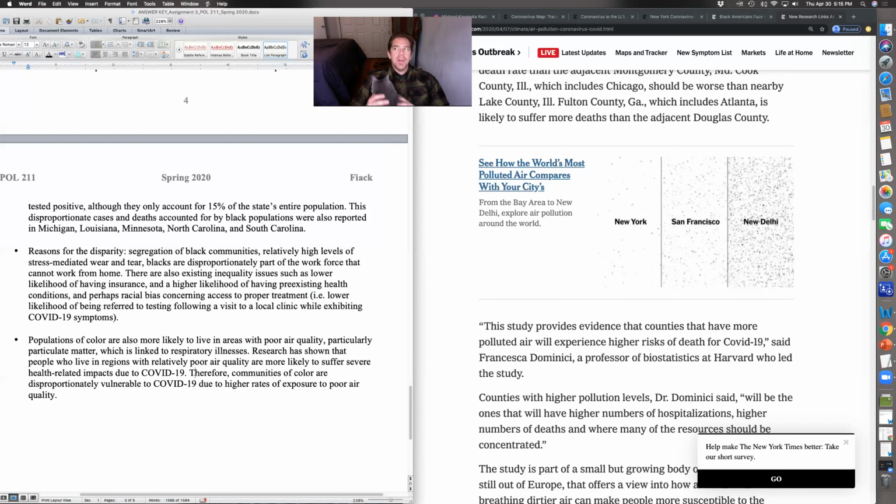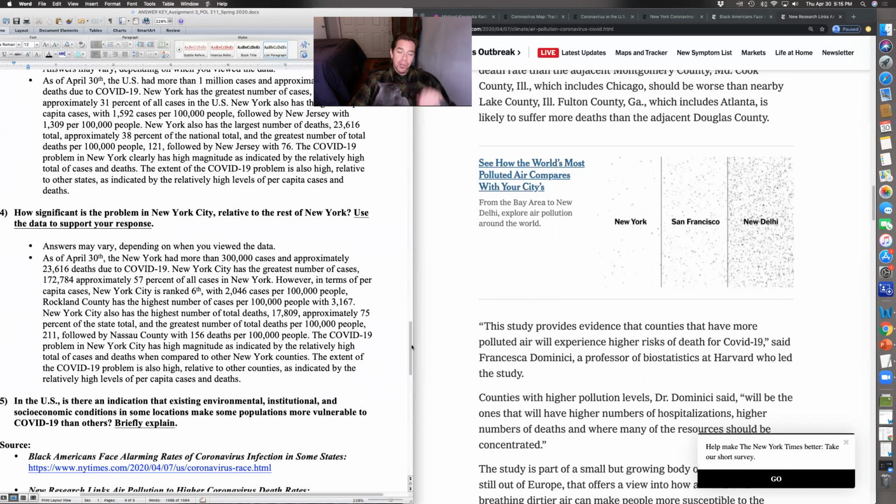And so again, this gets back to issues of equity, issues of disproportionate impacts of a particular problem on certain groups within society. And I wanted to highlight this because it is relevant in terms of equity issues related to COVID-19. So that's what I wanted to go over for today's lecture.